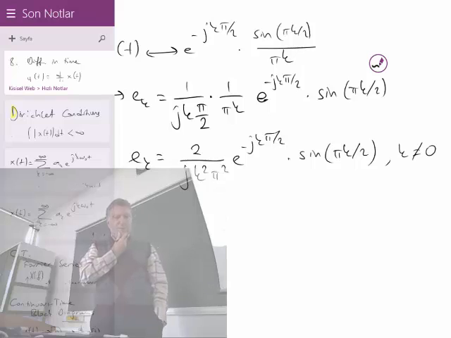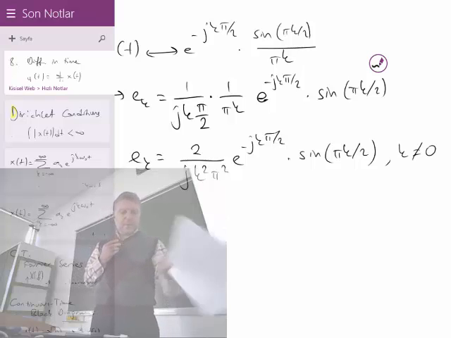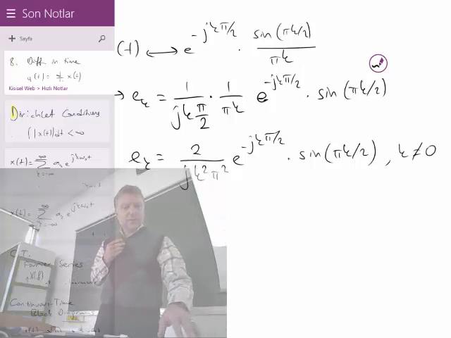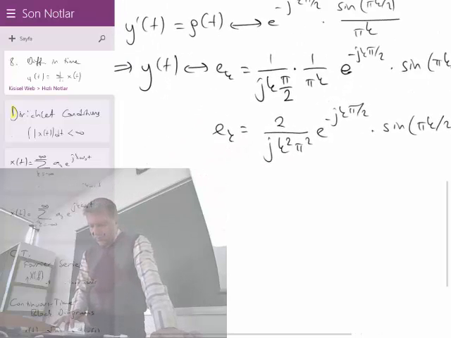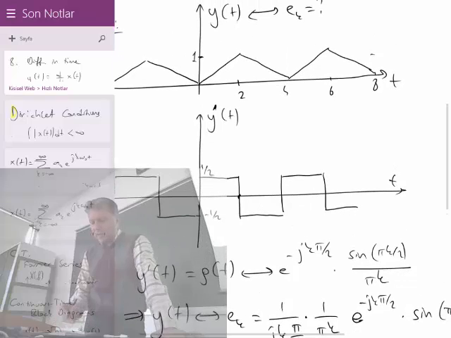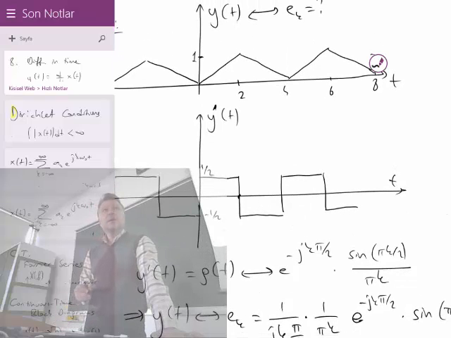For k equal to 0, you have to find the DC coefficient of this thing. And for that, I guess you can do that just by looking at the area underneath. It is 1 over T times the area under one period. What's the area under one period? The width is 4 and the height is 1 of a triangle.